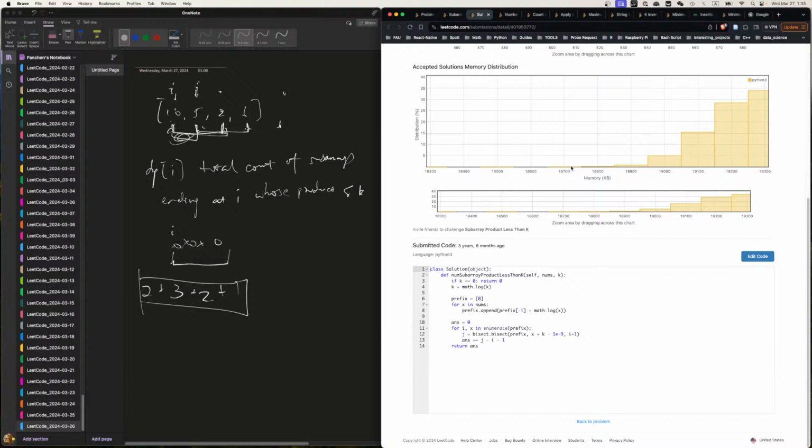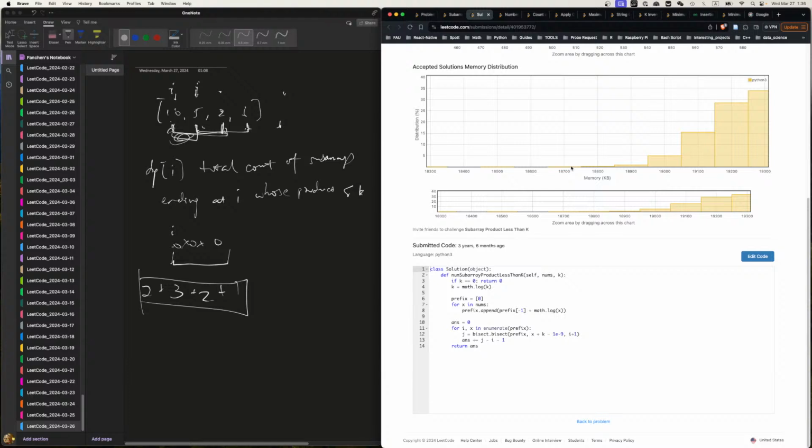Prefix x in nums plus math.log x. K is log. So we take log for everything. Oh, we take log for everything, then we turn this into a plus. Okay. And then, I see.